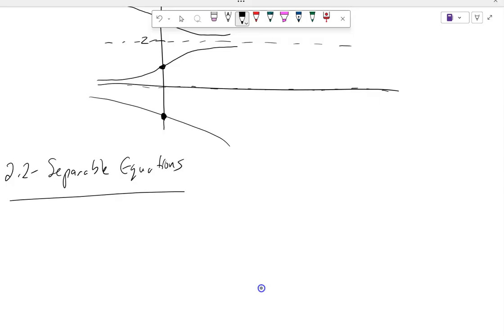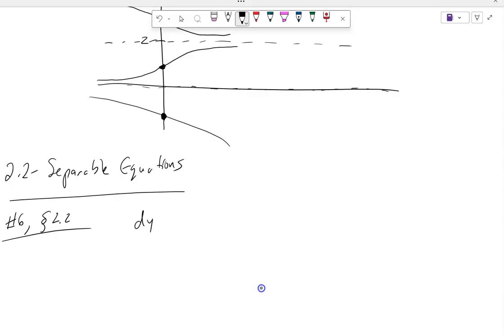All right. I'm going to do this with an example to start with, and then we'll do some definitions from it. This is number 6 in section 2.2. I'm going to write it slightly differently.